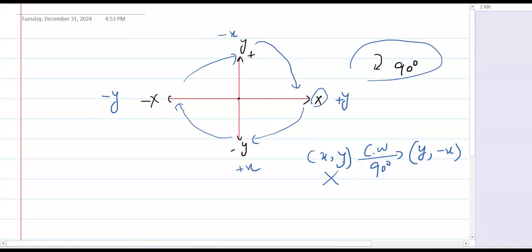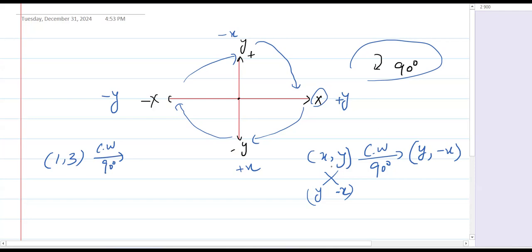In other words, the y value will go to the x place, the x value will go to the y place, and the sign will also change when you are doing the 90-degree clockwise rotation. Let's say, for example, you have a point 1,3 and you rotate it clockwise 90-degree.